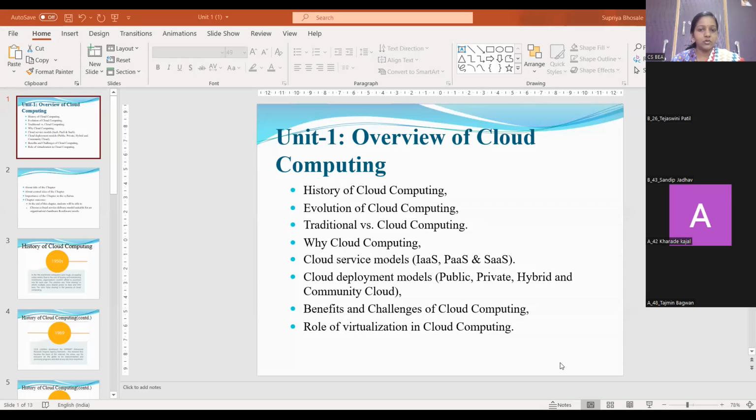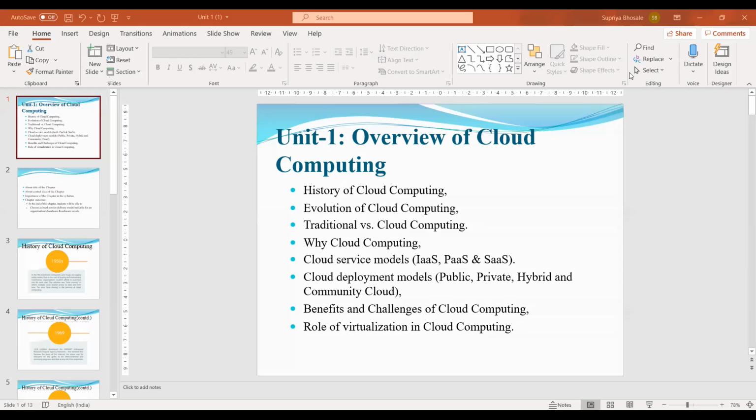Okay. So, am I audible to everyone? And my screen is visible to you? Yes? Is it visible properly?